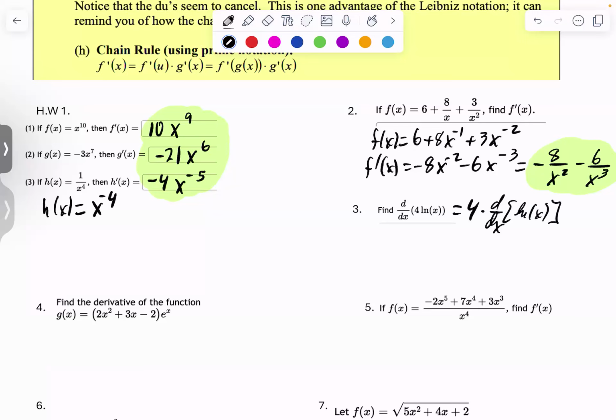If we look back on our list, the derivative of natural log of x is 1 over x, so this derivative is going to be 4 times 1 over x, which is 4 over x. All right, so I want you to take a look back at these real quick. We just used some of the basic rules, nothing too crazy yet.